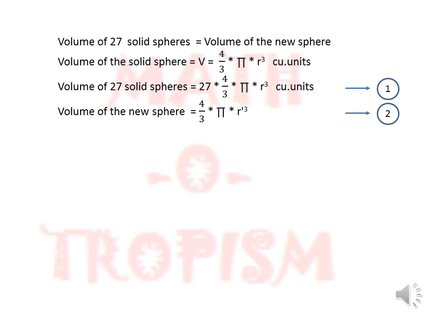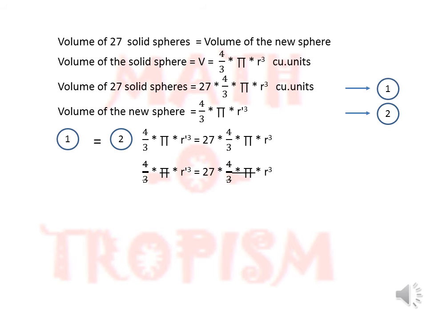So now we are going to equate them to find out what is r dash. So when we equate 4 by 3 pi r dash cube is equal to 27 into 4 by 3 pi r cube, we cancel out the 4 by 3 and pi, and what remains is r dash cube is equal to 27 r cube.